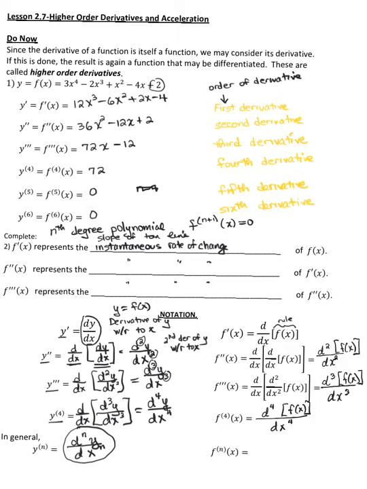And the nth derivative of f can be written as d superscript n of f of x over dx superscript n. Keep in mind, if you compare these notations, in this one, we're replacing the y with f of x, but it's basically the same notation. So we could either put y for f of x, or we could put down the rule f of x in brackets. Okay, let's move on.